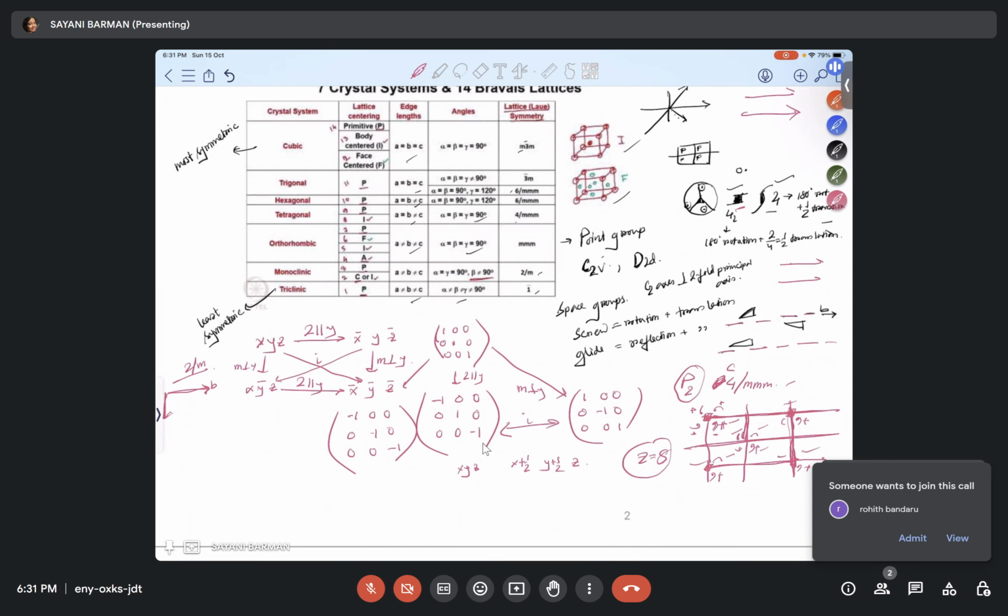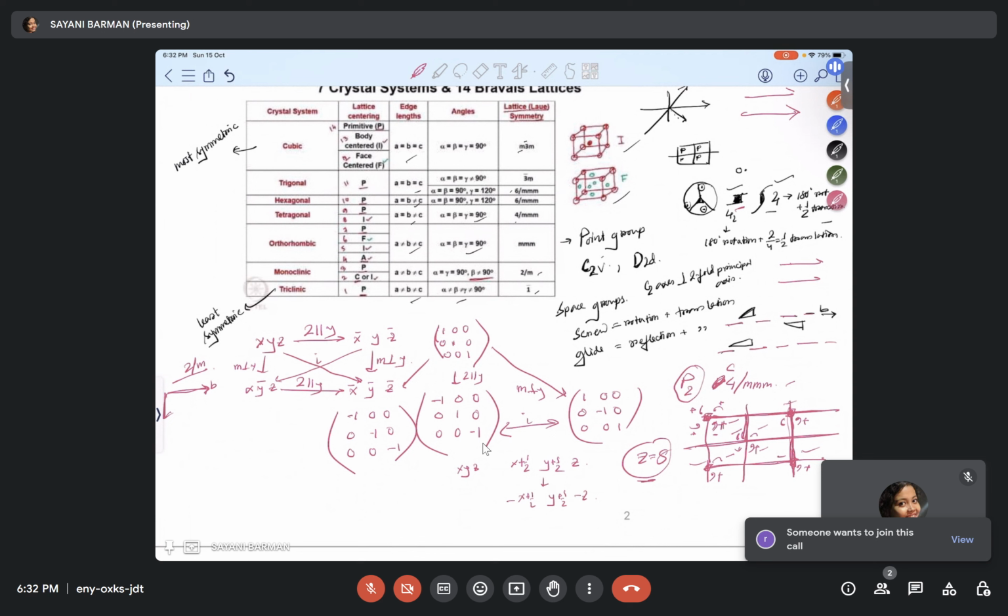That's why x plus half and y plus half. Like that it will happen, x plus half, minus y plus half, minus z, and there will be eight equivalent positions for C-centered.